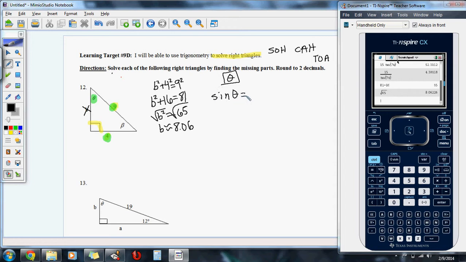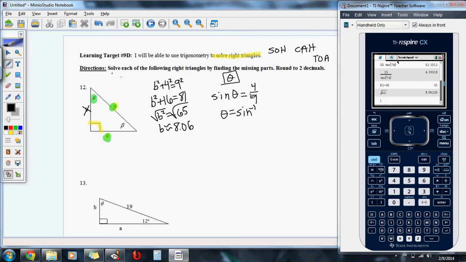Okay, sine of theta equals opposite 4 over hypotenuse 9. So to solve this now, I wave that magic wand and I say theta is equal to sine inverse. If you're still not understanding this, I suggest you watch Learning Target 9C's video. I talk about this in there as well.